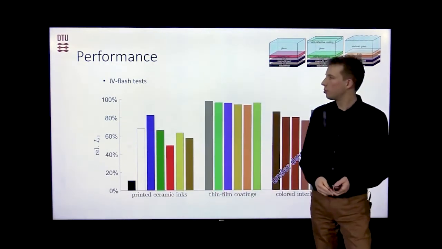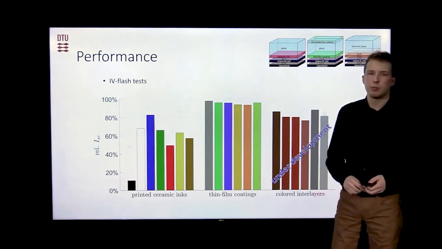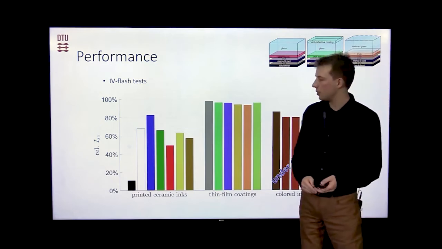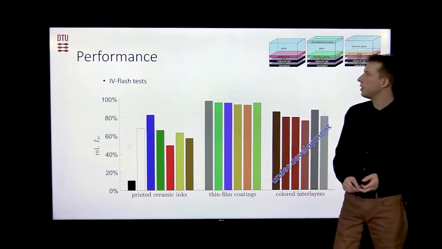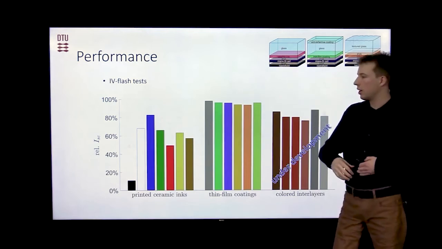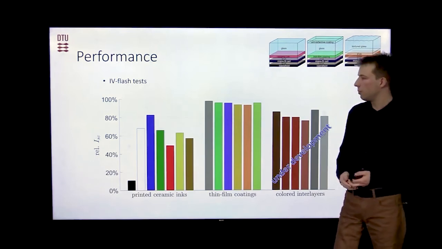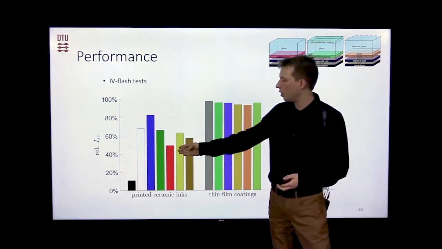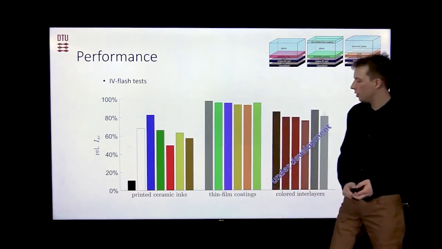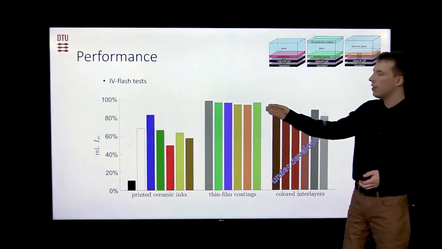Finally, I would like to also focus a bit on performance. In addition to all these BRDF measurements for visual characterization, we also performed standard IV flash tests of these samples. As one might imagine, since the first group of samples with the inkjet printing use absorption through pigments, which might not necessarily be optimized for PV applications, these achieve the lowest transmission and therefore the lowest efficiency. In turn, the very well optimized thin film coatings from Chromatics achieve a very high efficiency.